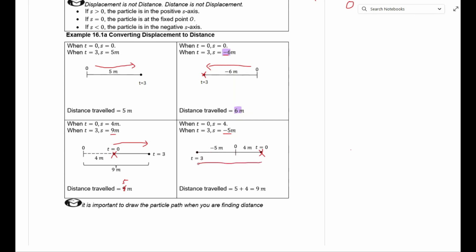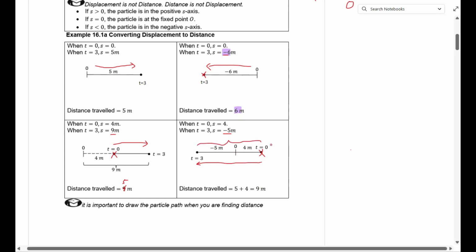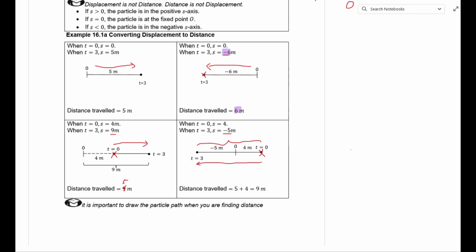Therefore, it will have traveled all the way to this point. And our total distance traveled will be 5 plus 4, so this entire length, which is equal to 9 meters.